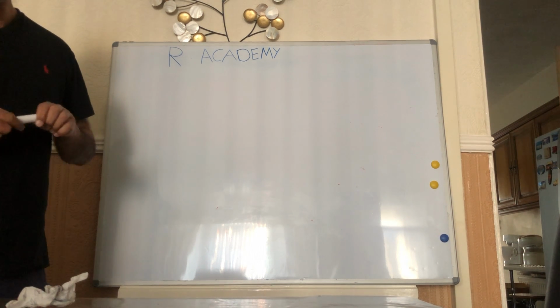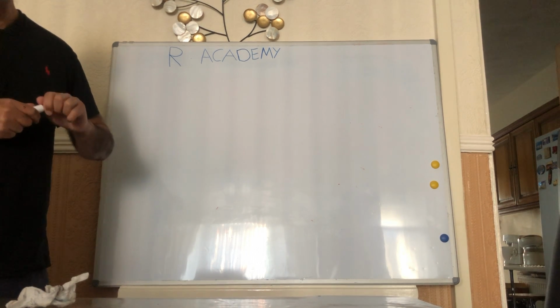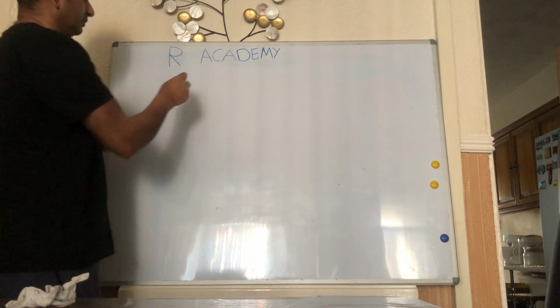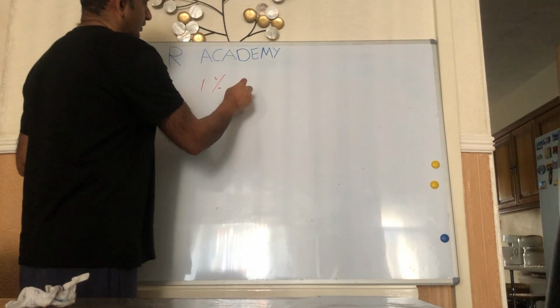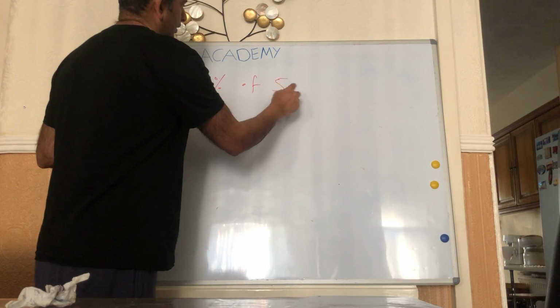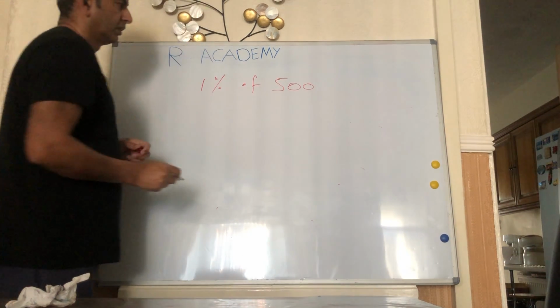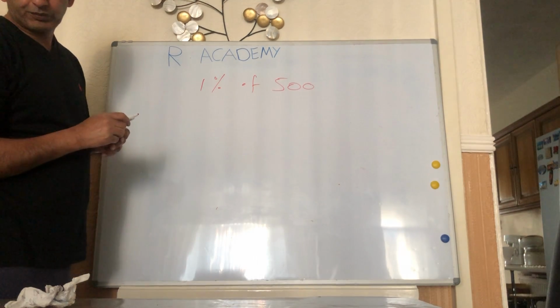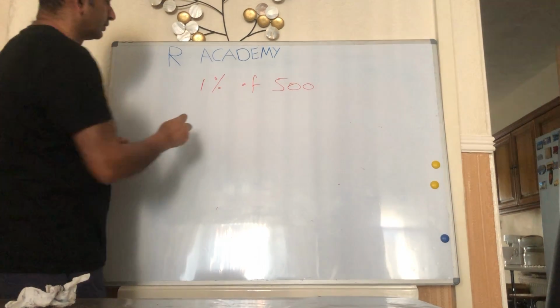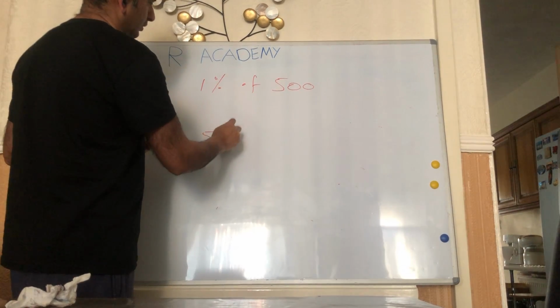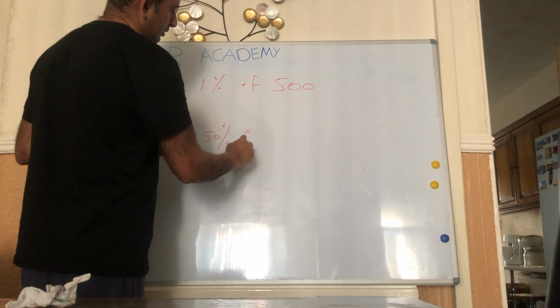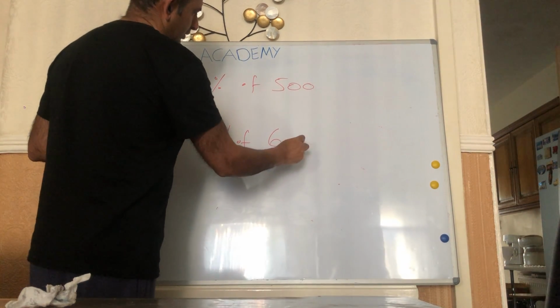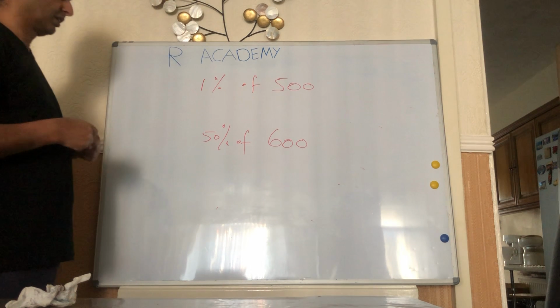So let's say, what is 1% of 500? And then we could do something like 50% of 600, which is a typical sort of thing that you can get.